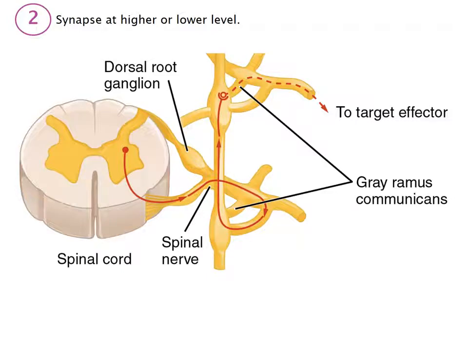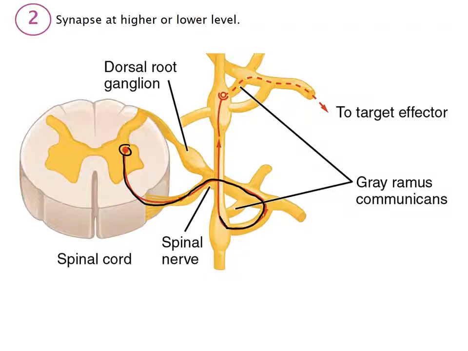The second option is for the preganglionic sympathetic fiber to enter the sympathetic chain and then either ascend or descend to a different ganglion within the chain. Here again is the cell body of the preganglionic sympathetic neuron. The axon is sent out through the ventral rootlets and ventral root onto the spinal nerve and enters the sympathetic chain via the white rami communicans.